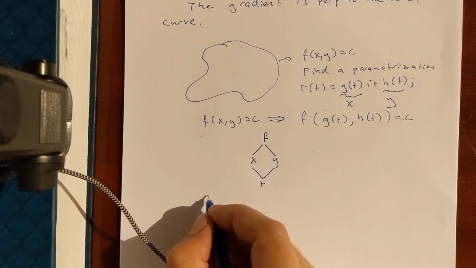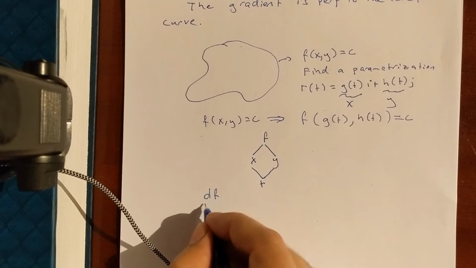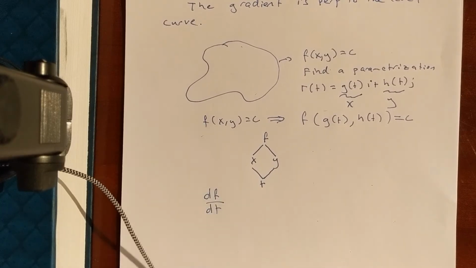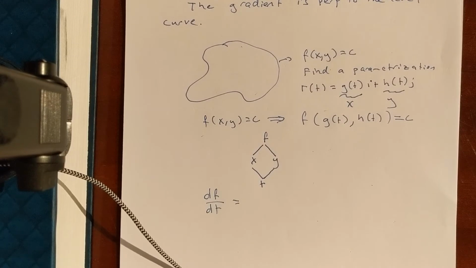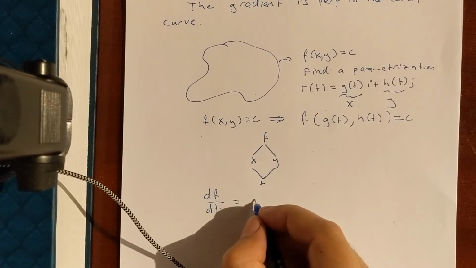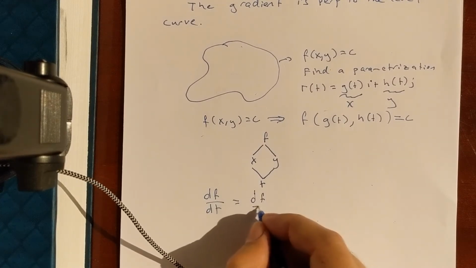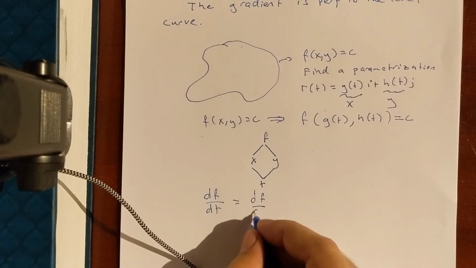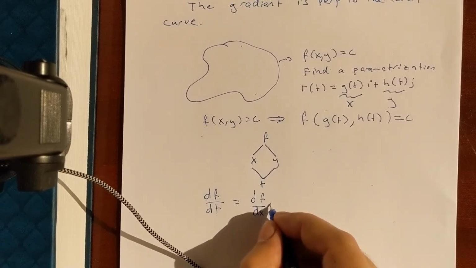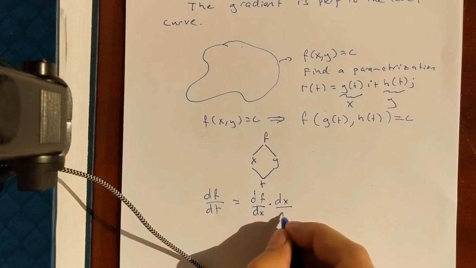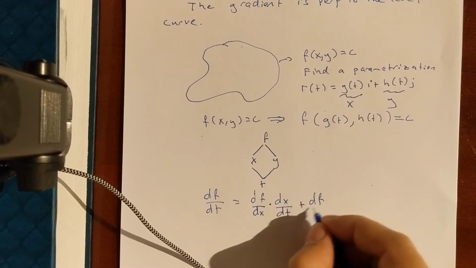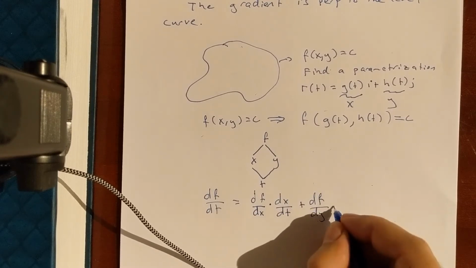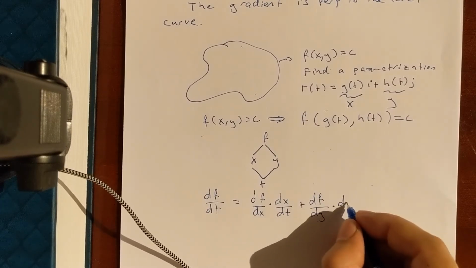So if I wanted to write df dt, that would be the same thing as df dx times dx dt, plus df dy times dy dt.